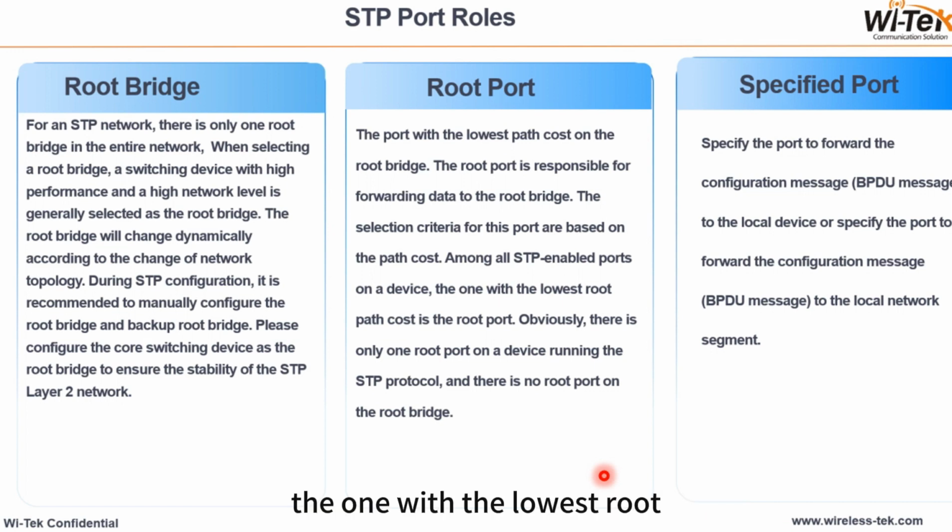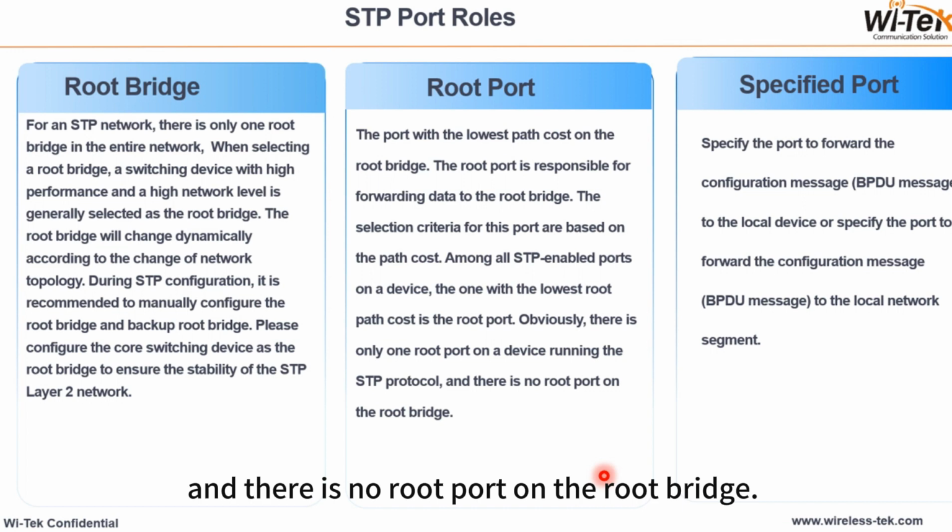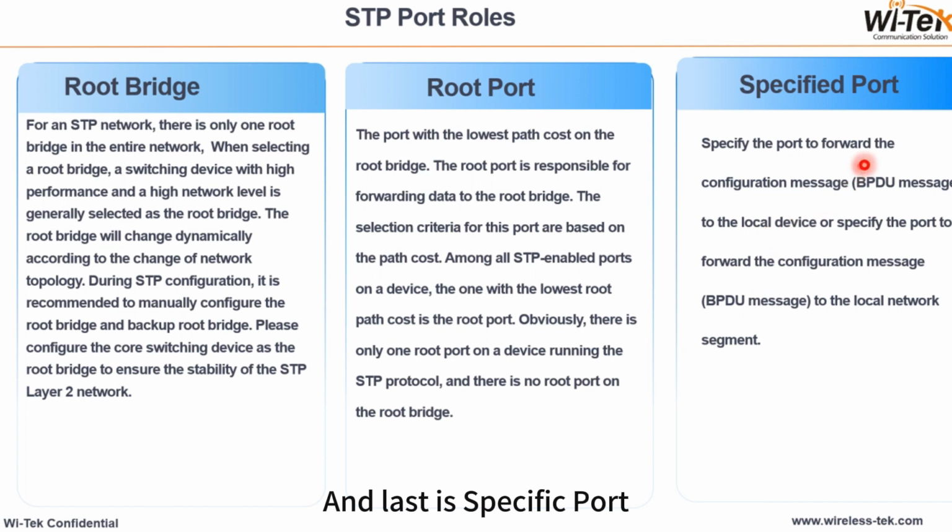The one with the lowest root path cost is the root port. Obviously, there is only one root port on a device running the STP protocol, and there is no root port on the root bridge.